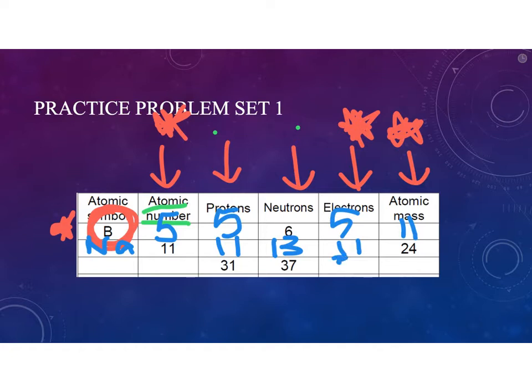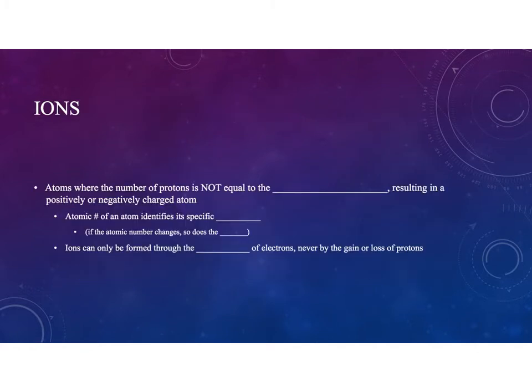Over here, you can just match it up with 31 electrons because the protons are equal to 31. Protons equals atomic number. So what's number 31? That would be gallium, Ga, and its atomic mass is about 70, 69.7. Okie dokie. Next slide.